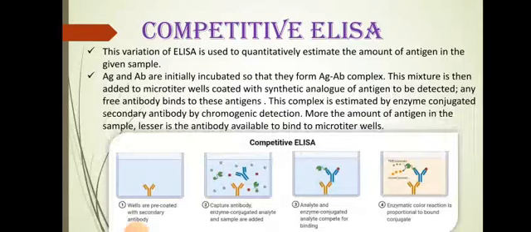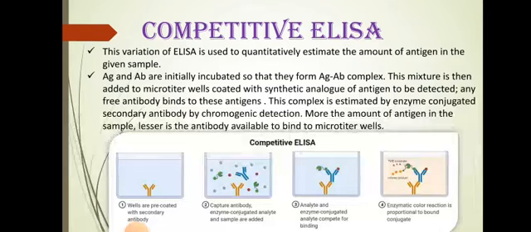Then we discuss the competitive ELISA. This variation of ELISA is used to quantitatively estimate the amount of antigen present in the given sample. Antigen and antibody are initially incubated and they form an antigen-antibody complex. Then the mixture is added to the microtiter well coated with synthetic analog of the antigen to be detected.